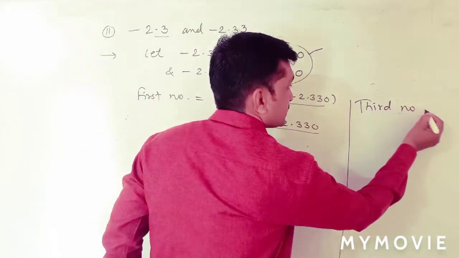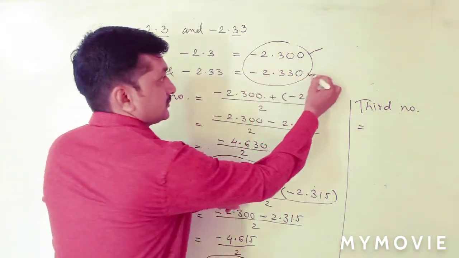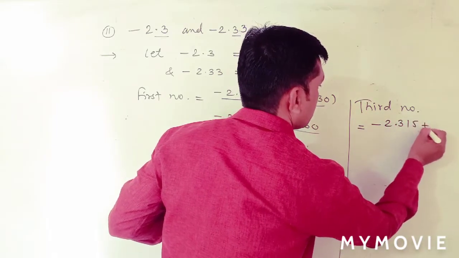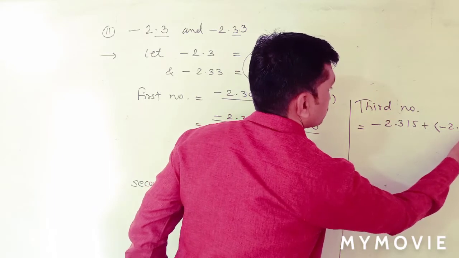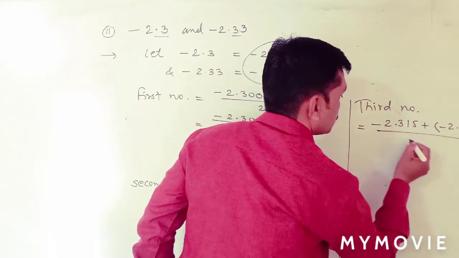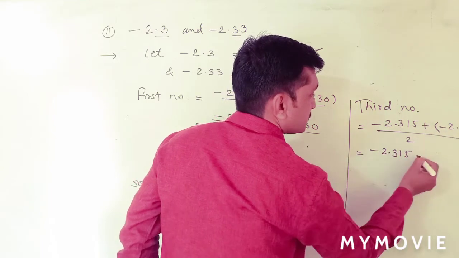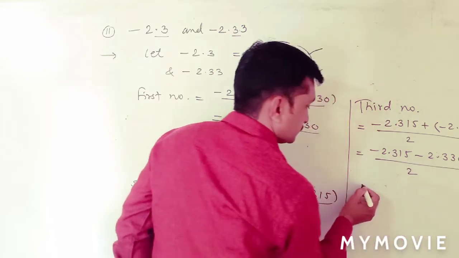Third number is equal to the average of this and this. Minus 2.315 plus in bracket minus 2.330, divided by 2, is equal to minus 2.315 plus minus 2.330, divided by 2.